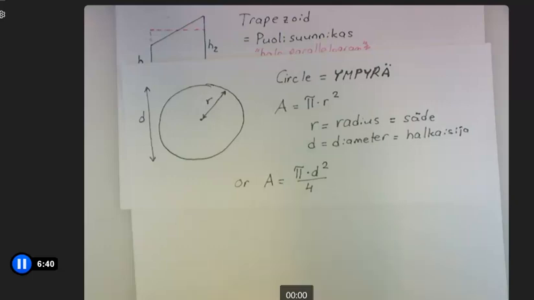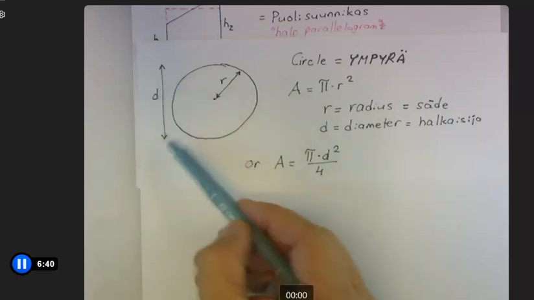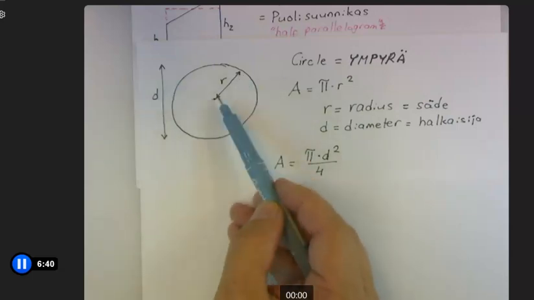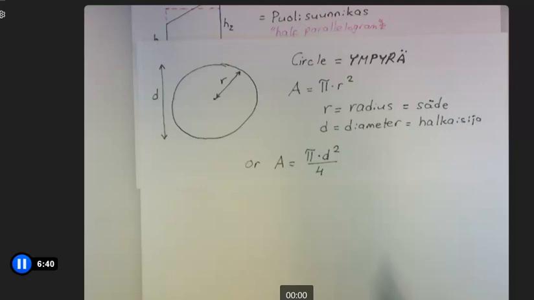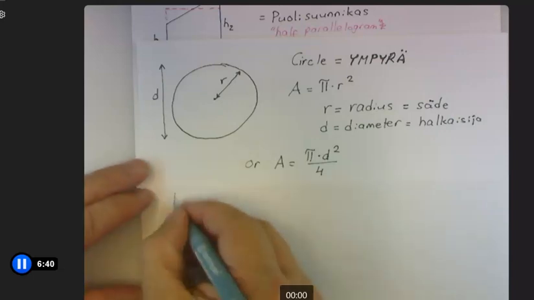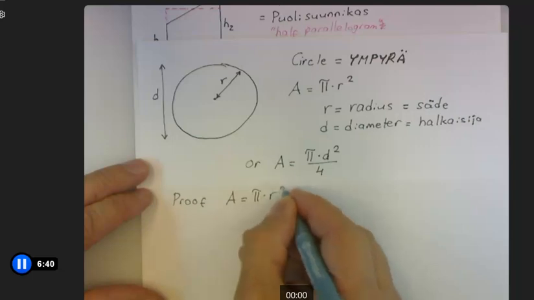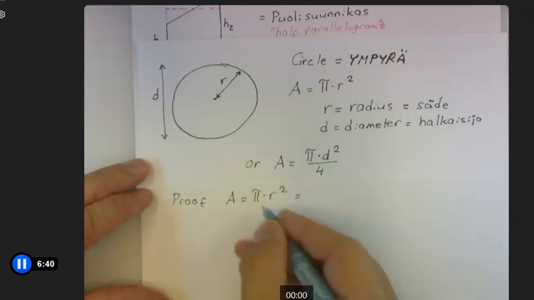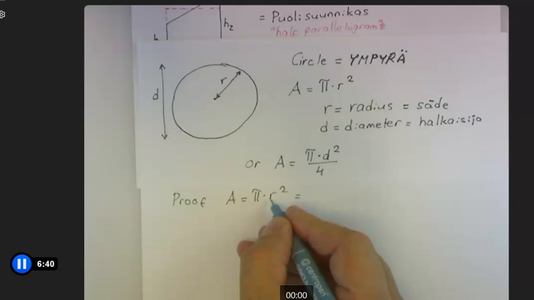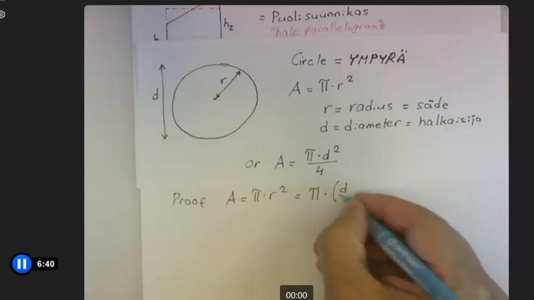Actually, this formula is very easy to derive, because as it was said, the diameter is 2 times the radius, or in other words, the radius is half of the diameter. So when we have this formula and we replace this r with d divided by 2, we get pi times d divided by 2.